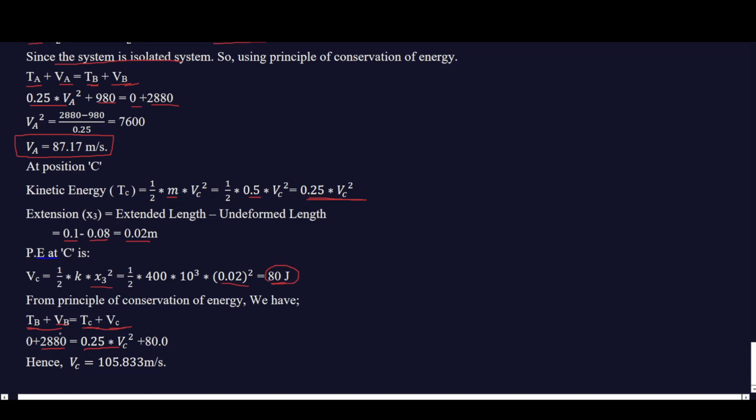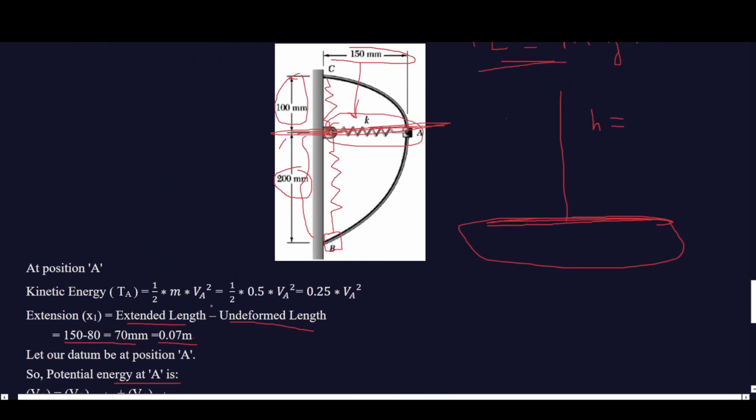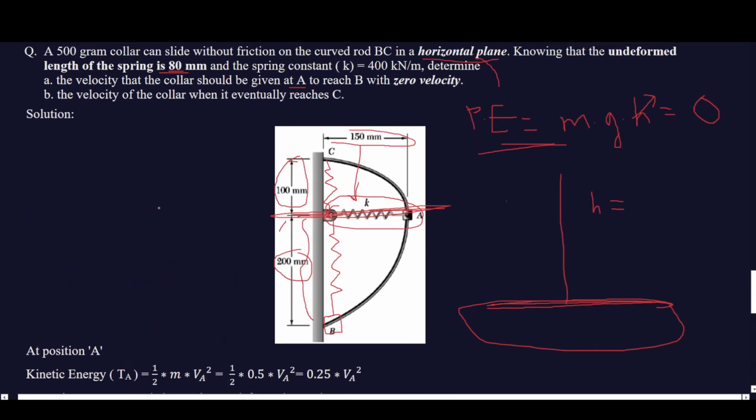Substituting all these values in this equation and calculating on the calculator, we get the velocity of the collar at C as 105.833 meter per second.